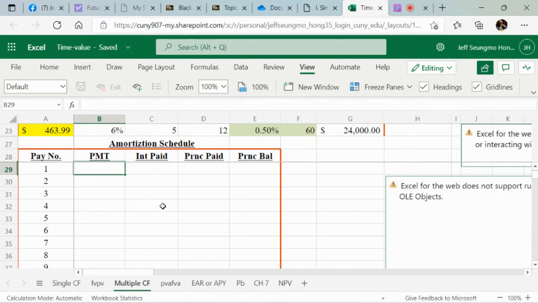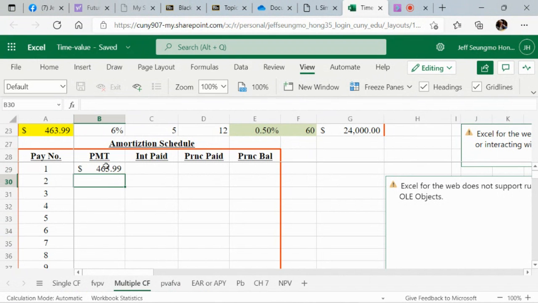And then our payment, we know already our payment. Payment is this, and we're going to lock it. You need to lock it because every month is going to be the same thing. So I want to paste it down. But if you don't lock it, it's going to point to the wrong cell. The cell that it is pointing to must be locked into A23. Okay?